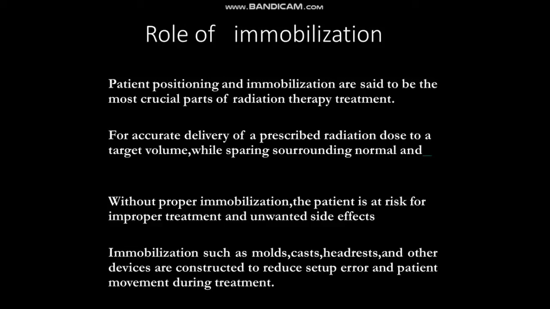The development of new immobilization materials and methods has made it possible to immobilize almost any area of the body of a cooperative patient to 3 mm, allowing the use of margins of no more than 5 mm, except when there is target motion within the immobilized patient.